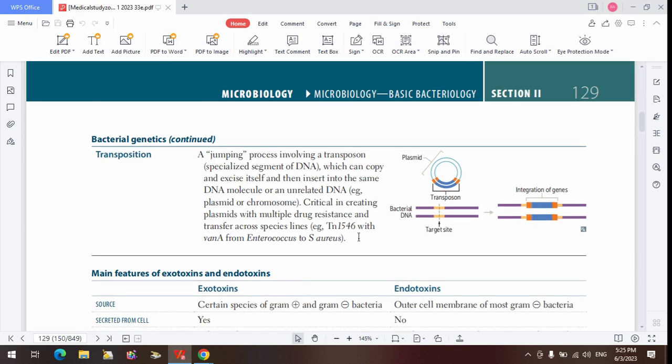Yes, they can. Once that microbe contains this transposon gene, those transposon genes have the ability to jump. They can move out of the cell and go to another cell. They have the ability to jump from one DNA segment to another DNA segment. It can be within the same cell, it can be another cell. Do you understand?